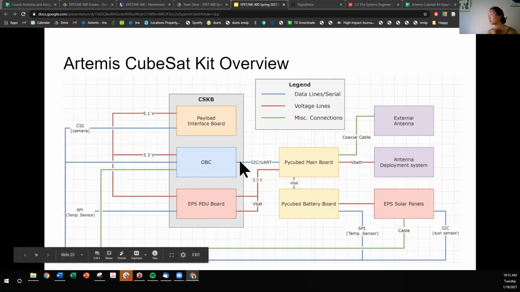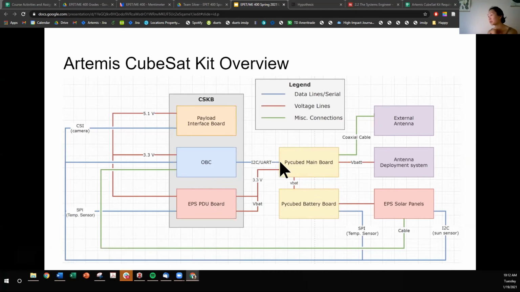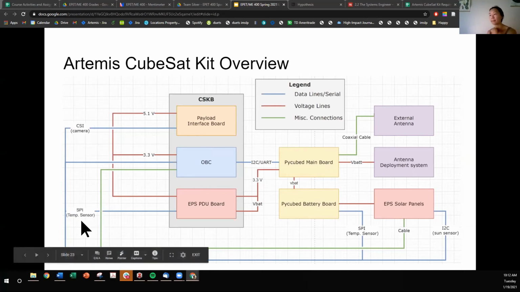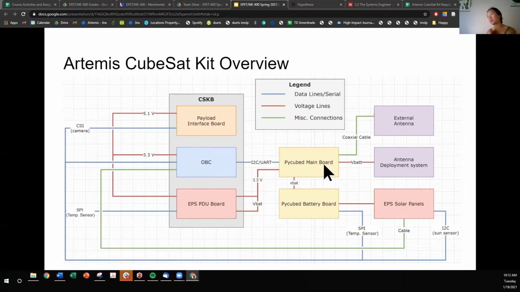There are different communication interfaces that are labeled, like the camera has a specific CSI interface. The temperature sensor has SPI, the PyQ communicates through I2C and UART. So all of those I'm expecting to see in the CDR at least.